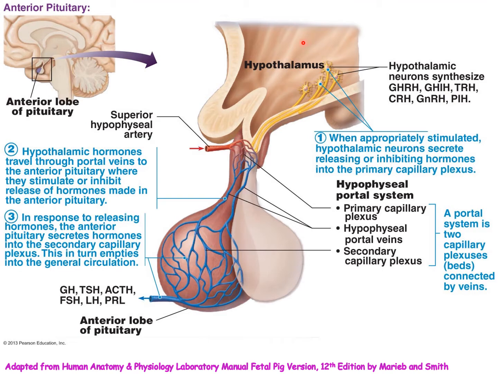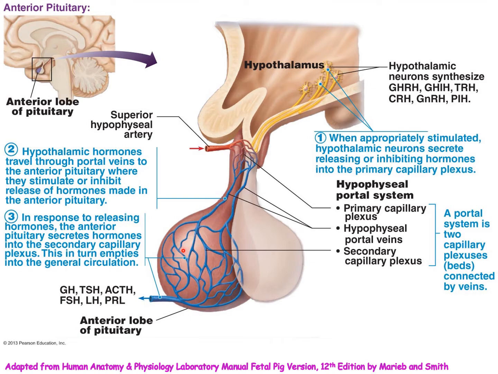This diagram shows us how the hypothalamus induces the anterior pituitary to release its hormones. When specific nuclei or neurons within the hypothalamus are stimulated, these neurons will either secrete releasing hormones or inhibitory hormones, and these hormones will travel via the hypophyseal portal system to the anterior pituitary.